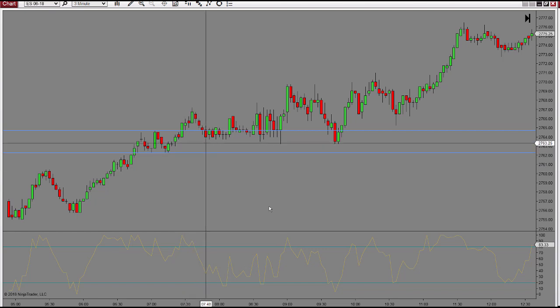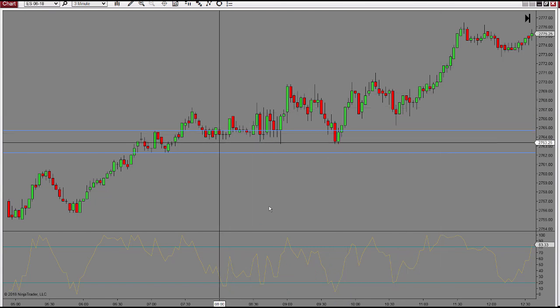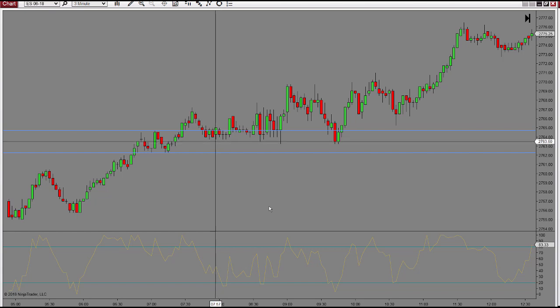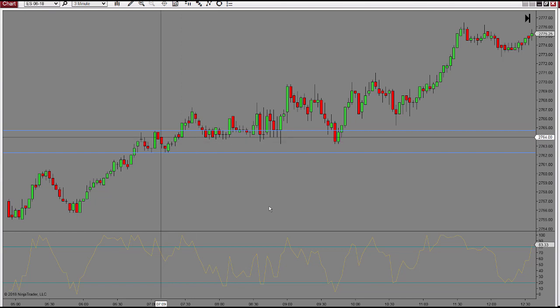Okay? And you can see how they came in, they tested it, they tested it, and then finally we go higher. This, for me, is where I use stochastic. I want stochastic to be oversold, but maintaining my buy zone, which for me is showing market structure to the long side, giving me a trend to be bullish, right?